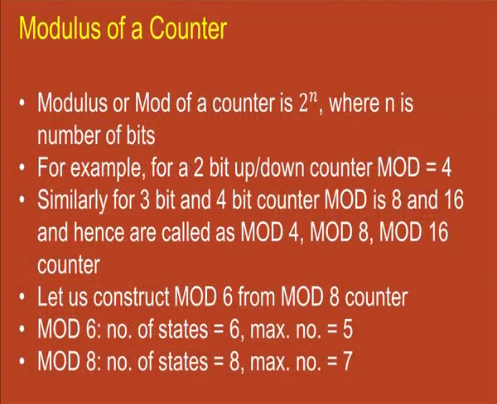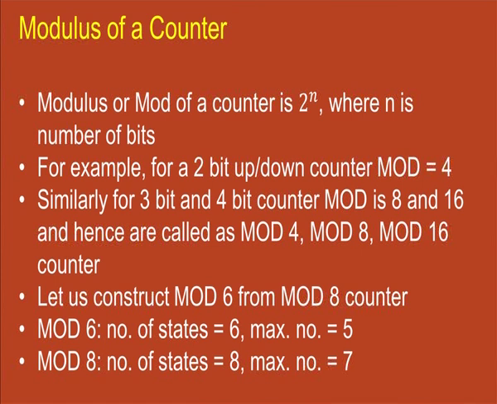Modulus of a counter. So, modulus or mod of a counter is given by 2 to the power of n, where n is the number of bits. Now, if we try to understand it by considering an example, then we can write the modulus of a 2-bit up down counter as 4.